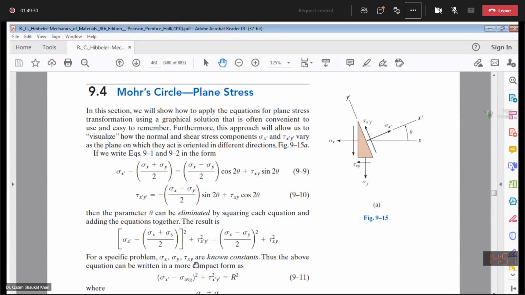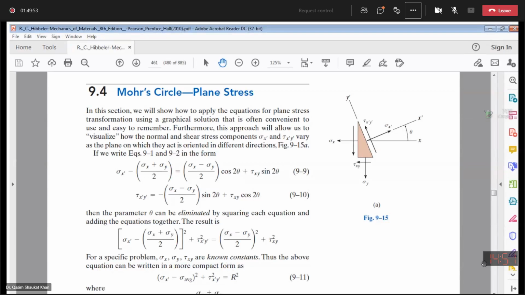Square of this plus tau x dash y dash square, and this one is my resultant, sigma x minus sigma y over 2 square plus tau xy square. Because there is no square root, this is basically r square now.